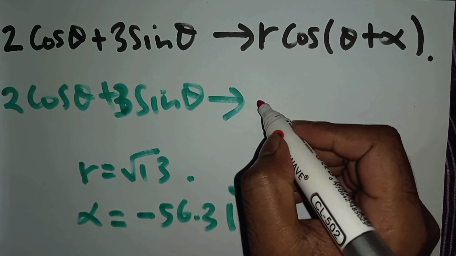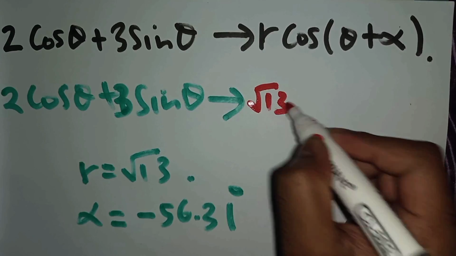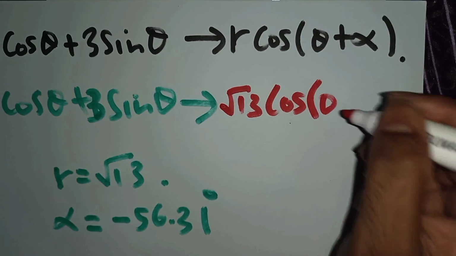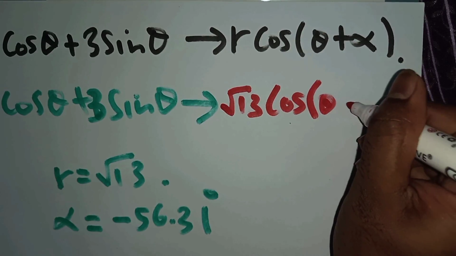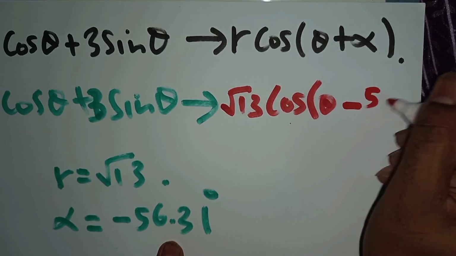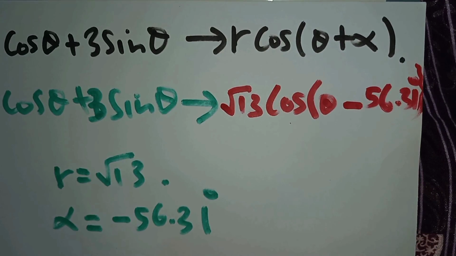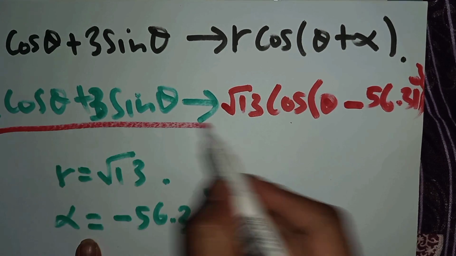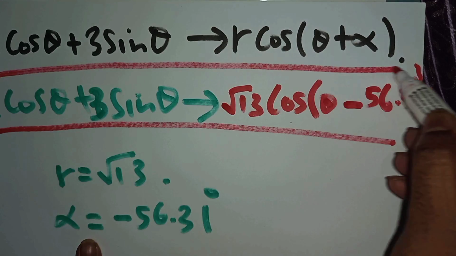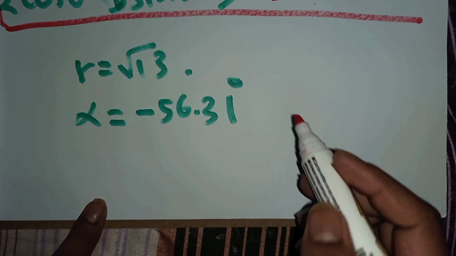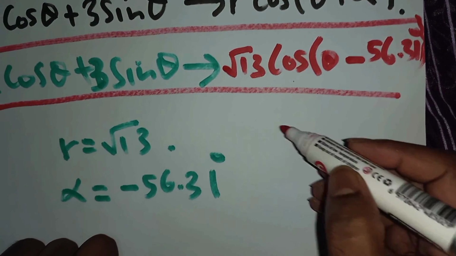So r, which is root of 13, cos theta minus 56.31 degrees. So that is your final answer. Let me write this here.